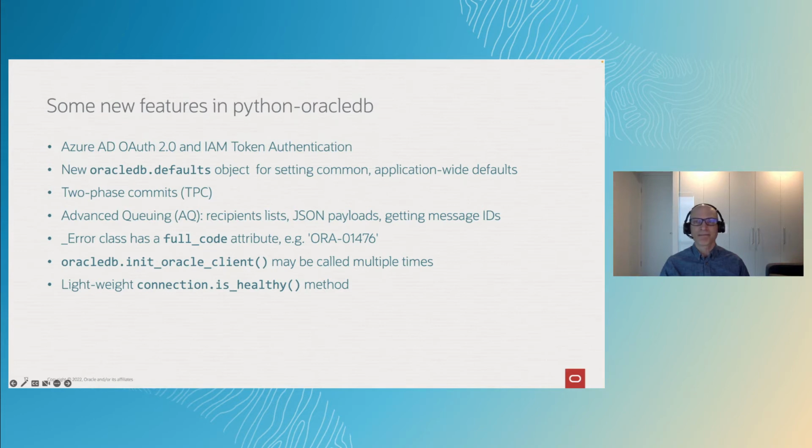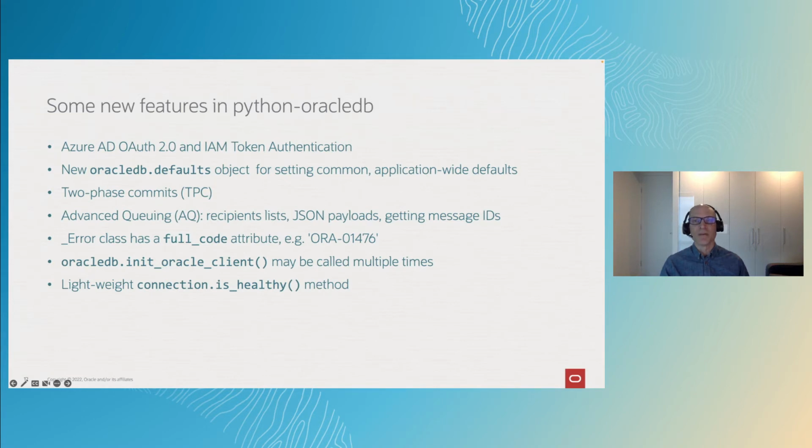The AQ team, Advanced Queuing team, has been making some welcome contributions, and so we have some new features available using recipient lists, message IDs, and recently passing JSON payloads. Remember, AQ is a thick mode feature at this stage. I should note in this release a few deprecated features no longer work, and continuing on the AQ theme, there was an old AQ API deprecated back in cx_Oracle 7.2.